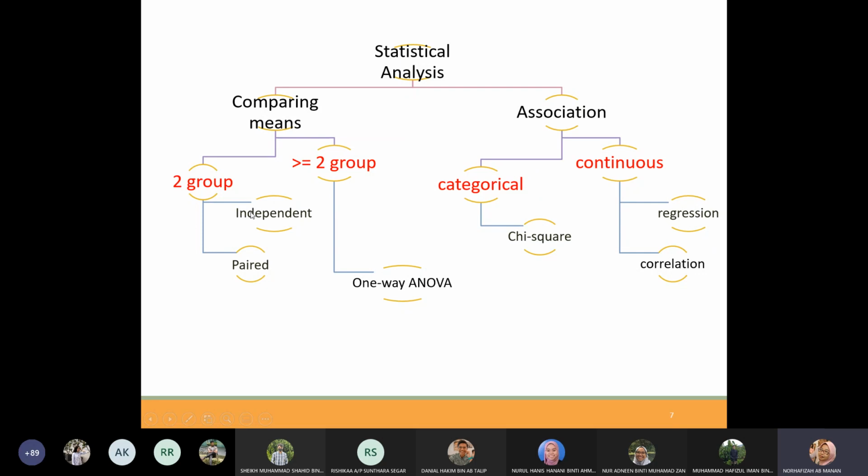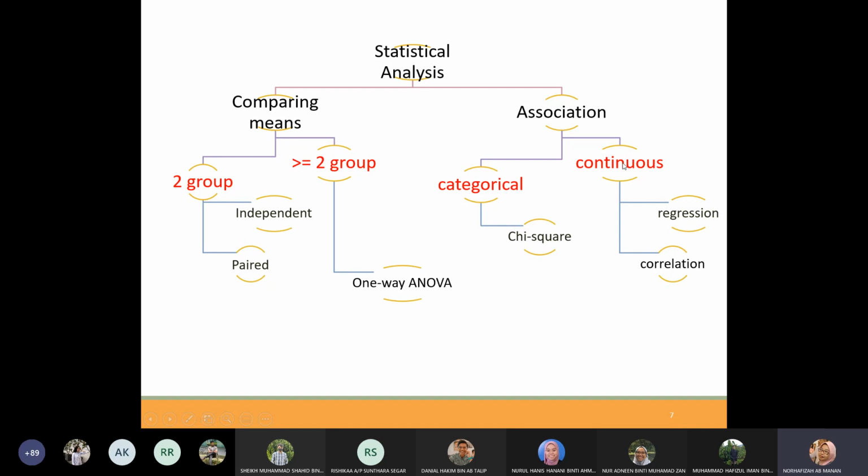If you have independent groups like gender, male and female, you can do an independent t-test. If you have more than two groups, you can do one-way ANOVA. For association, if both variables are categorical, you can use chi-square, and chi-square is a non-parametric test.